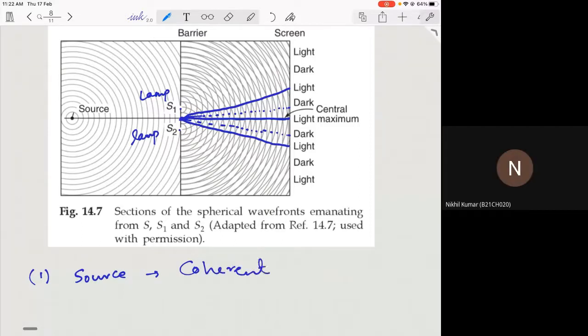Coherent means there must be a constant phase difference, or a relation between the phases; the phases should be well defined. Sir, both should have the same frequency. Yes, I mean lambda is the same for both; I am using a sodium vapor lamp, so lambda is the same for both.